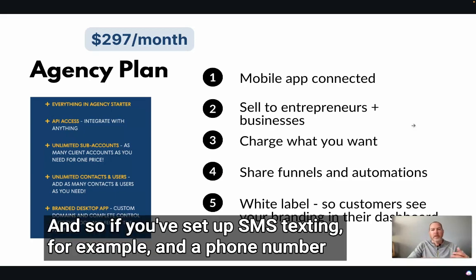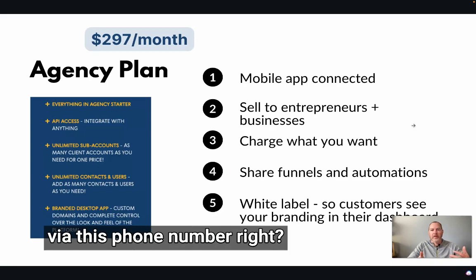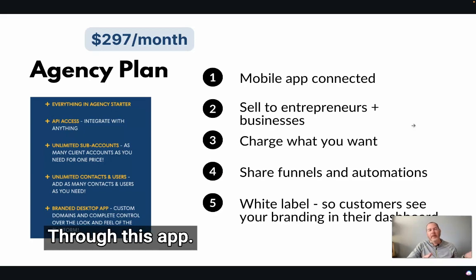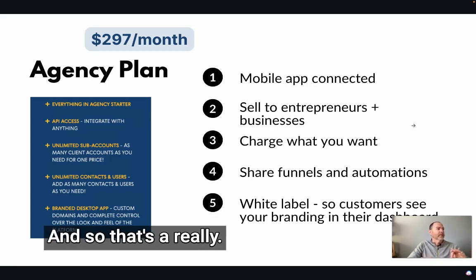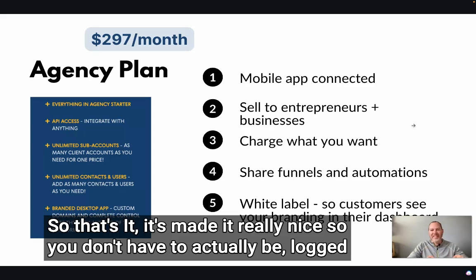And if you've set up SMS texting and a phone number for this company, your customers can communicate via this phone number right through this app. That's a piece that I use quite a bit in my own business. It's made it really nice.